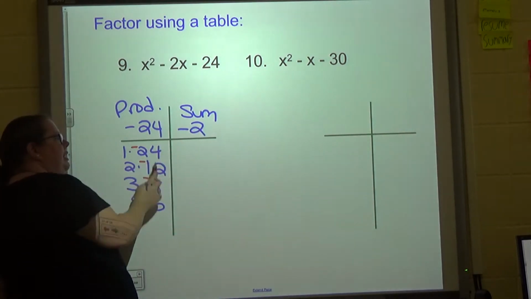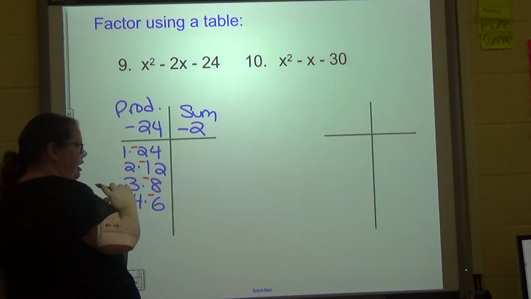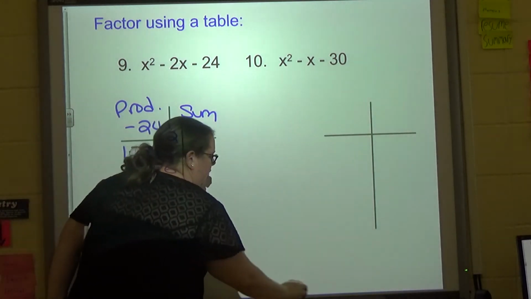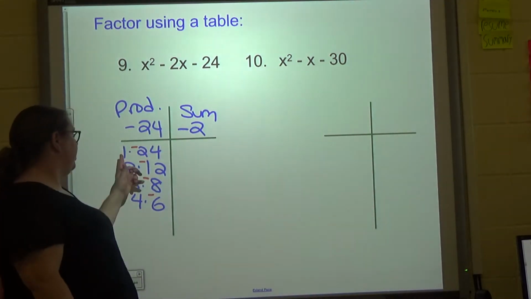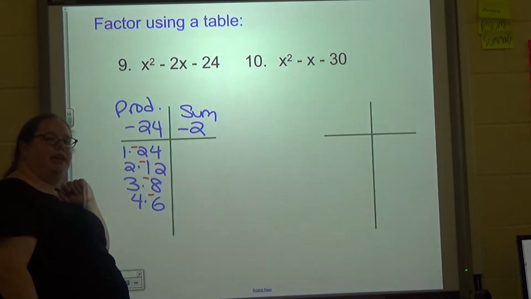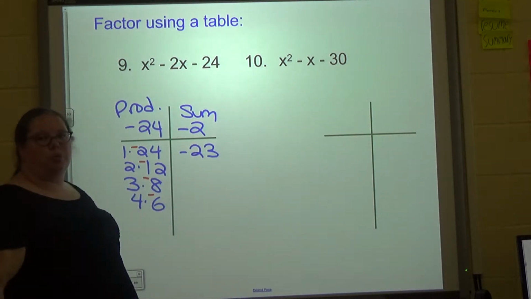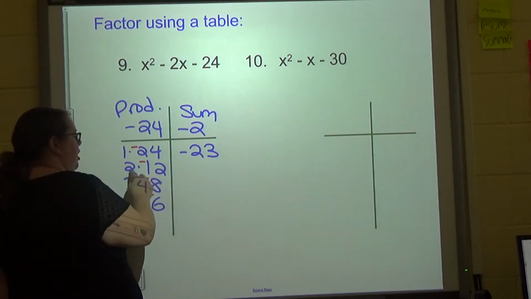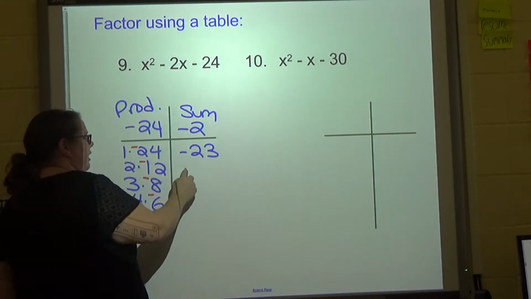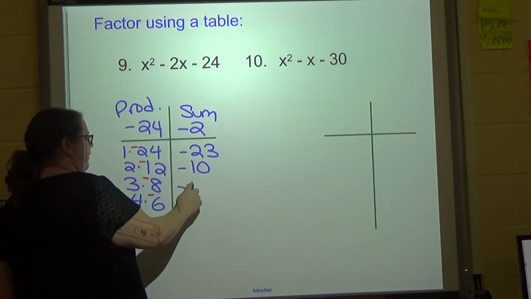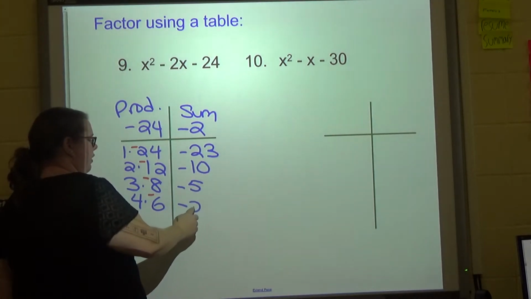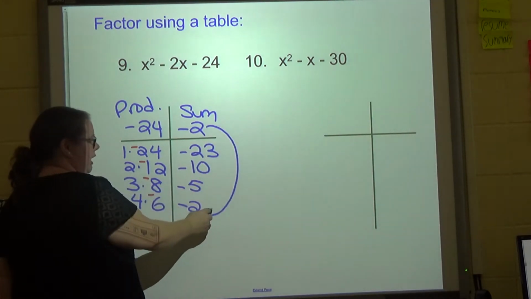If the sum is positive, the bigger number is positive. Now we're going to add across. Notice when we do our sum, 1 plus negative 24 is negative 23, so we're really just subtracting. 2 and negative 12 is negative 10, 3 and negative 8 is negative 5, and 4 and negative 6 is negative 2. So there's my negative 2.